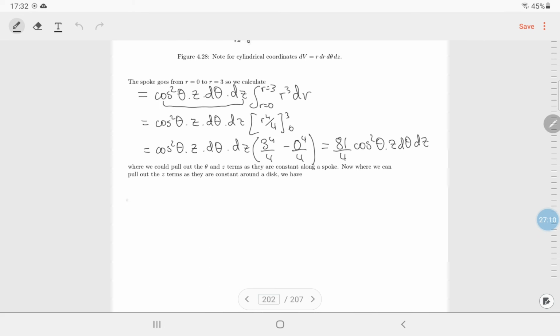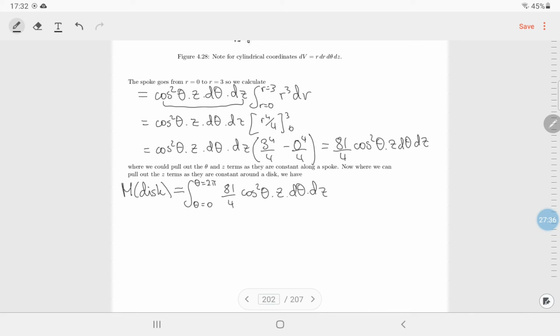So the mass of the disk is add up from theta equal to 0 to theta equal to 2 pi, the mass of a spoke. And the mass of a spoke, we just calculated, was 81 over 4 cos squared theta z d theta dz.